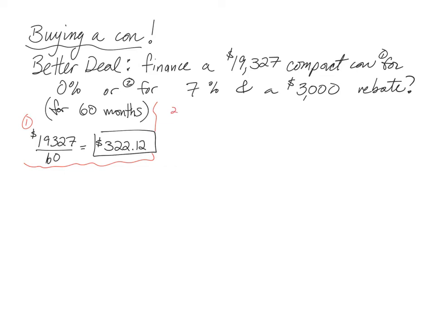For the second scenario, the present value would only be the original present value minus the rebate. So with the rebate, you would get that amount knocked off the present value of the car, or the MSRP, or whatever you want to call it, the price of the car. So that would give us $16,327.